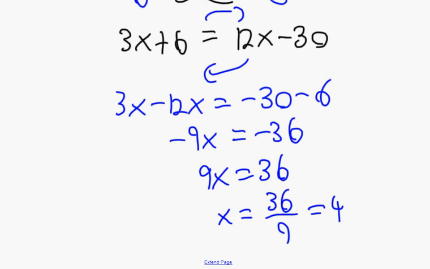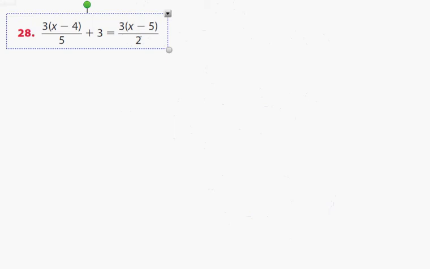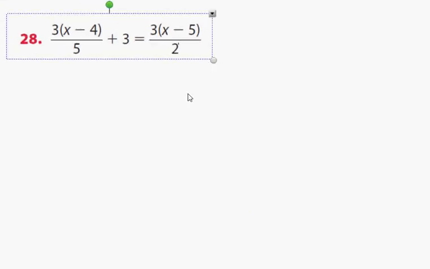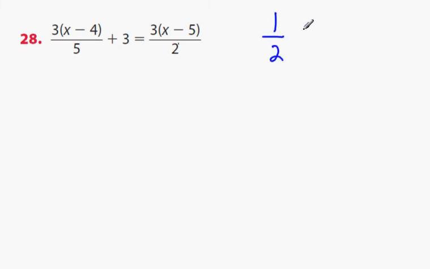Okay. Moving on to a more difficult one. This one. Now, in the previous section I discussed cross multiplying. In this section here, okay, a half plus 2 is 2.5, isn't it? Yeah? 2.5 is the same thing as 5 over 2, correct?